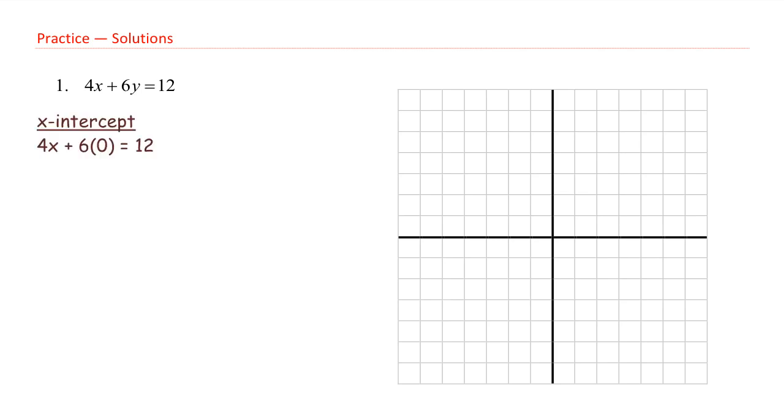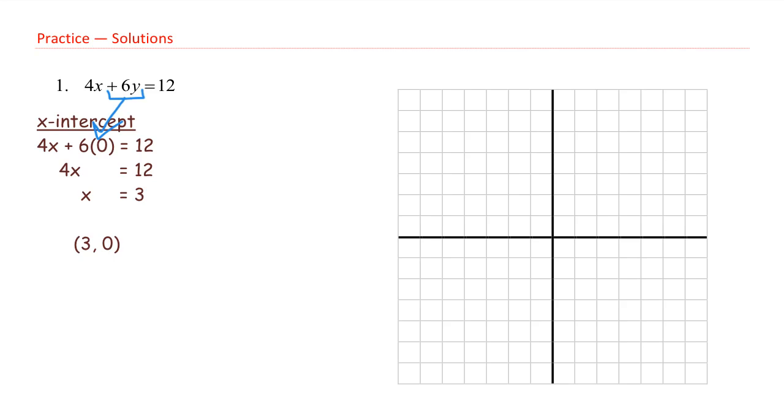So instead of 4x plus 6y equals 12, we now have 4x plus 6 times 0 equals 12. 6 times 0 is just 0, and 4x plus 0 is just 4x. So our simplified equation is 4x equals 12. When we solve this equation, we end up with x equals 3. So now we know that the x-intercept is 3. To write this as an ordered pair, we write 3, 0.